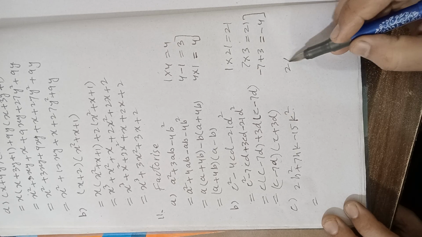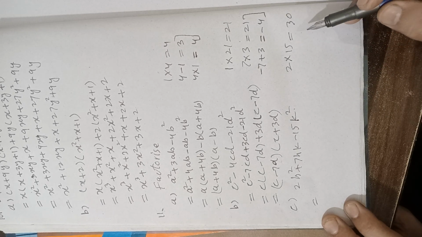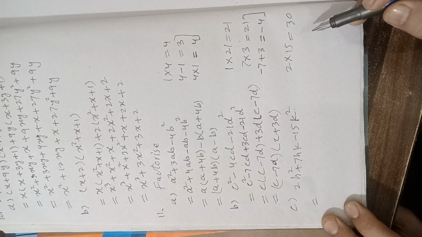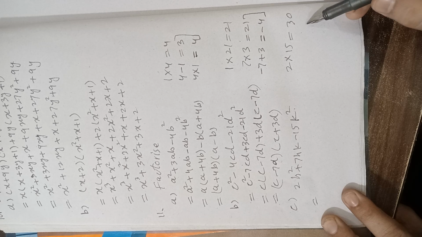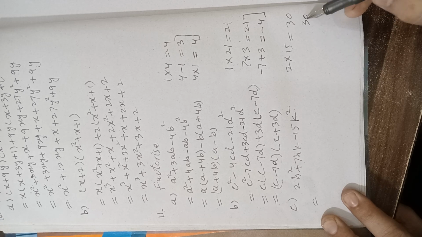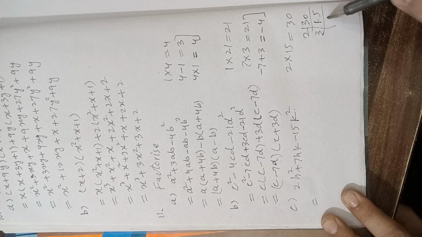You will multiply 2 by 15. The answer is 30 and we will make a pair of 30. And if you can't make the pair verbally, you should find its prime factorization. So find prime factorization of 30. 2 15s are 30 and 3 5s are 15.